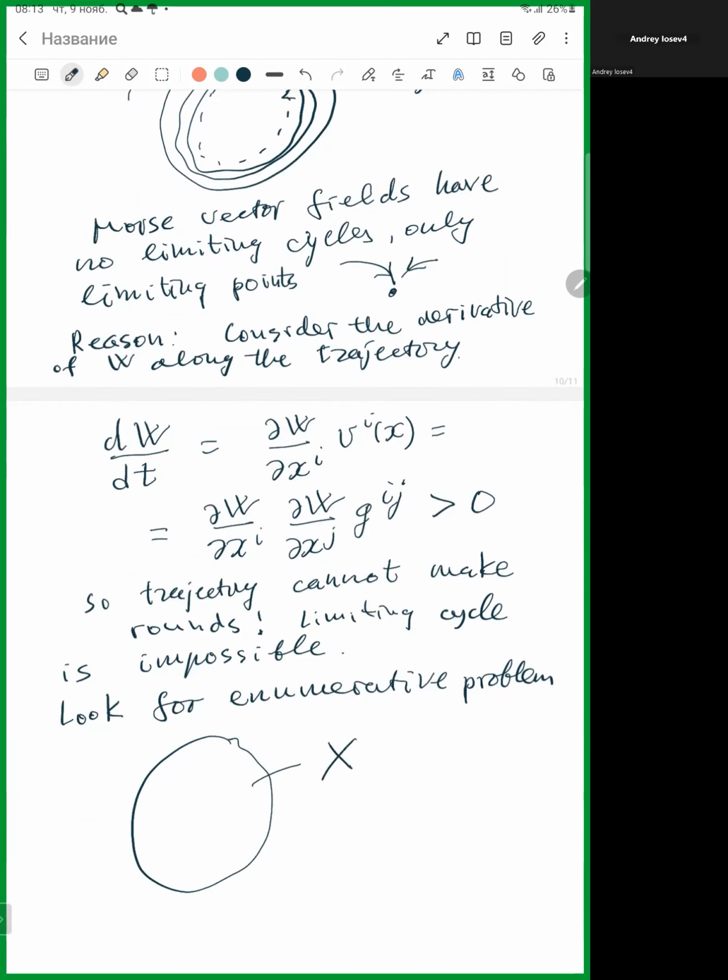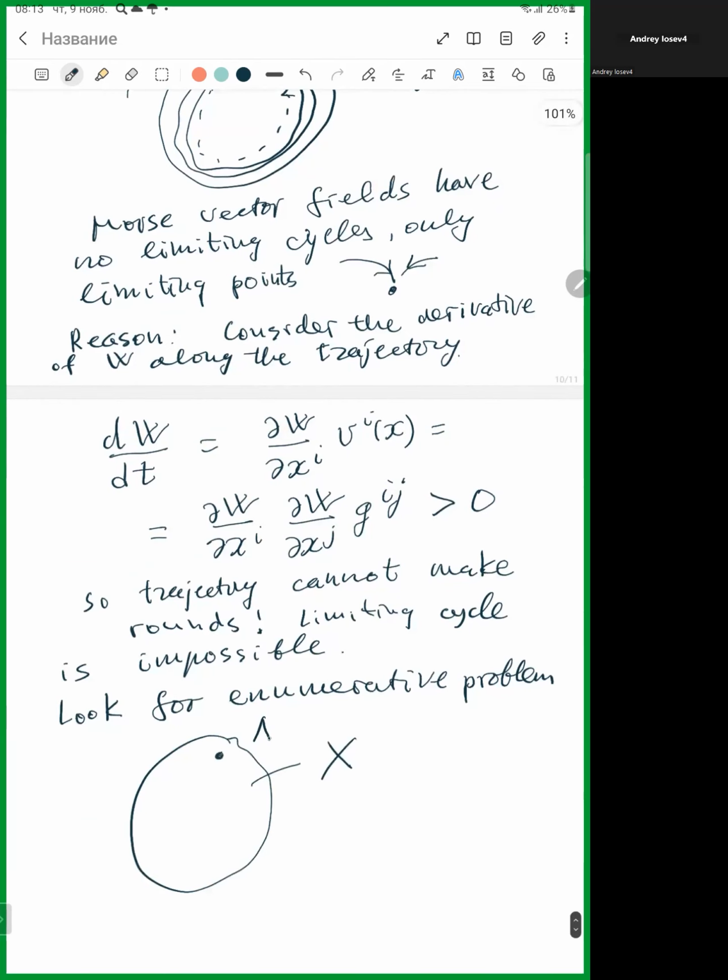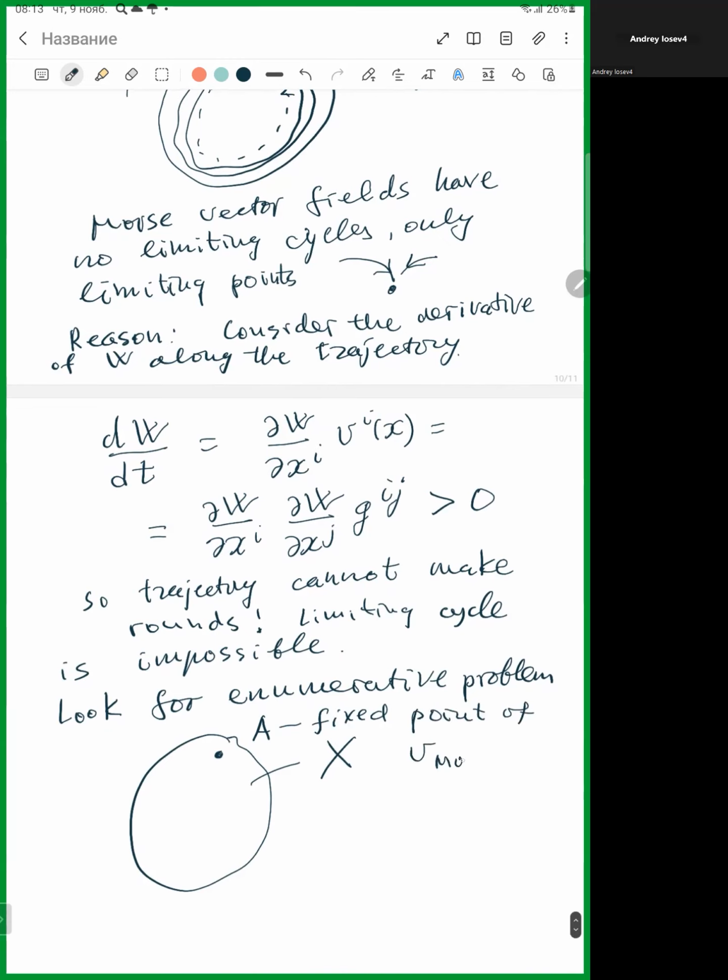Here is our manifold X. Here we have a fixed point of V Morse. And here we have another fixed point.